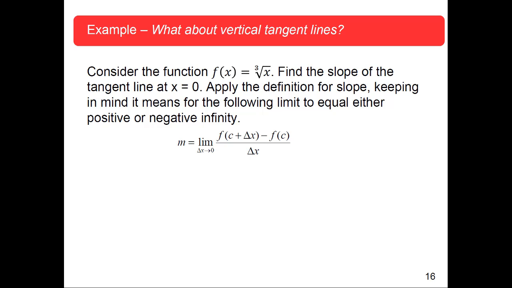So let's look at a nice example. We have the function the cubed root of x. Let's see what the slope of the tangent line is. Now I'm going to go ahead and tell you we're going to get an infinite limit in this case, but let's just see why that happens.